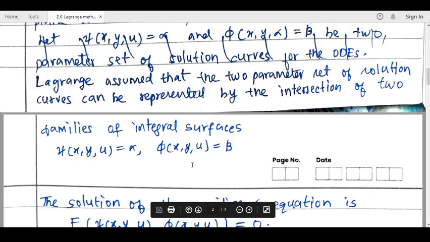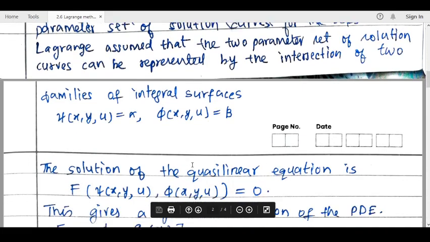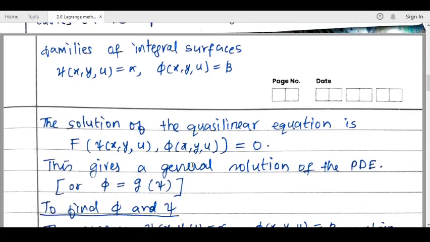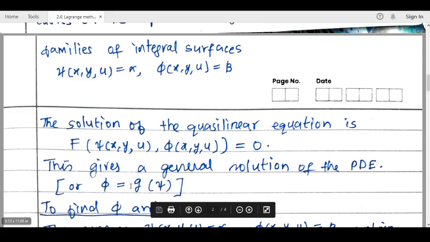And the solution of the quasi-linear equation can be obtained as a function of psi and phi, or we can write it as phi as a function of psi.